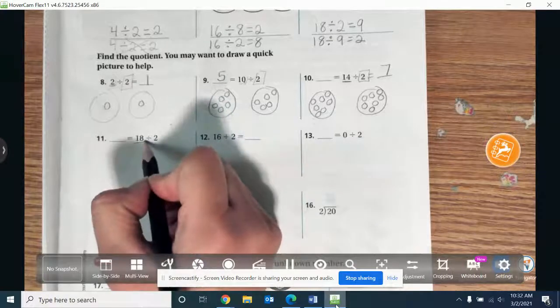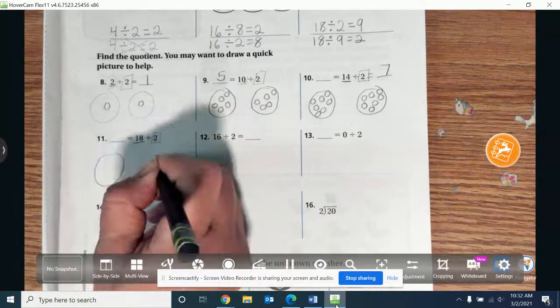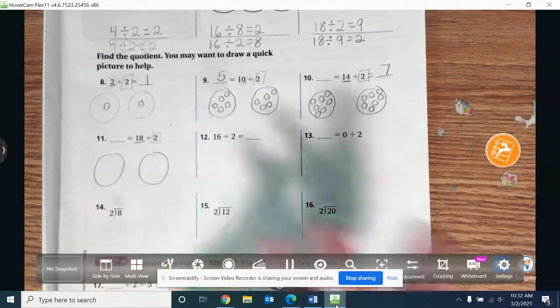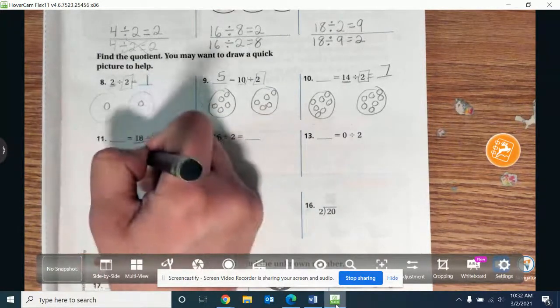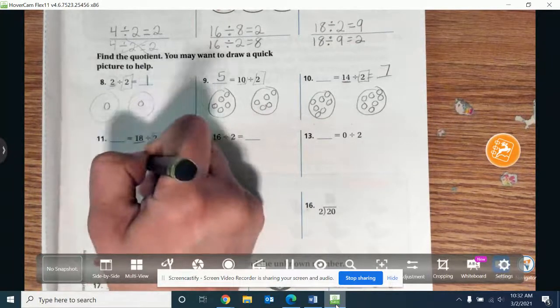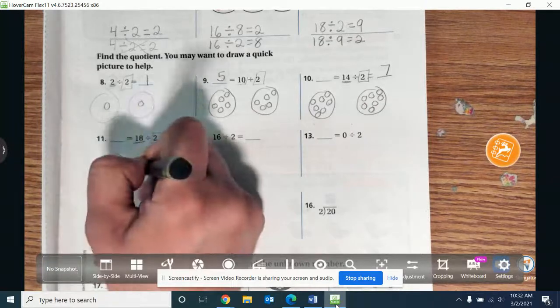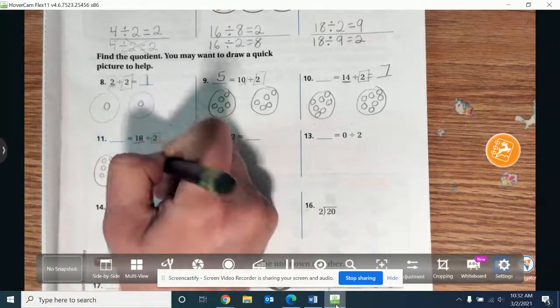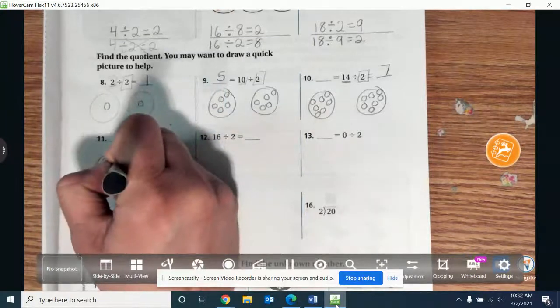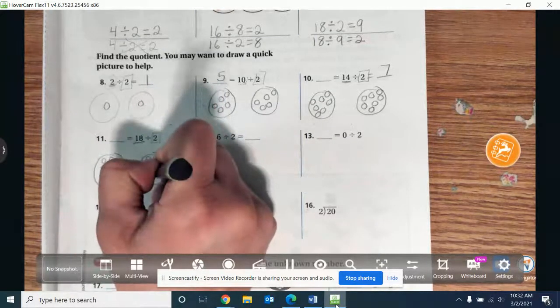Again, total, groups. 1 in each. 1, 2, 3, 4, 5, 6, 7, 8, 9, 10, 11, 12, 13, 14, 15, 16, 17, 18.